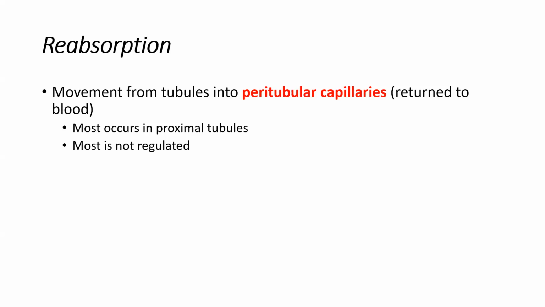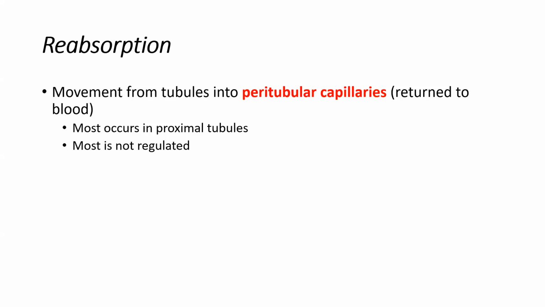This is called reabsorption. The basis behind this process is that the body needs to reclaim important substances that it does not want to get rid of. For one, that's going to be fluid, right? We talked about the fact that not all of the fluid that is filtered leaves the body as urine. In fact, 99% of that fluid is reabsorbed back into the body.